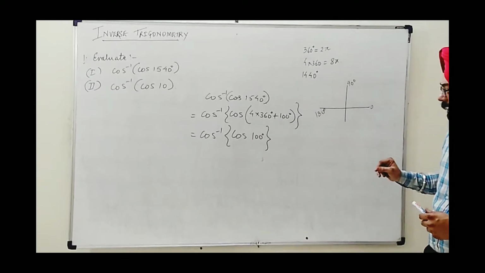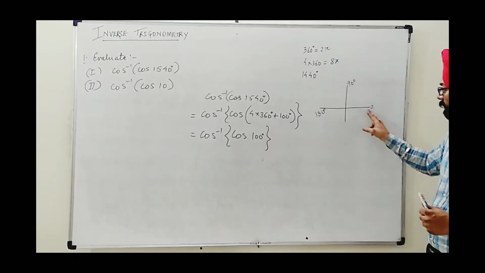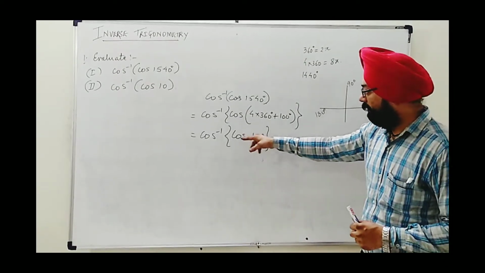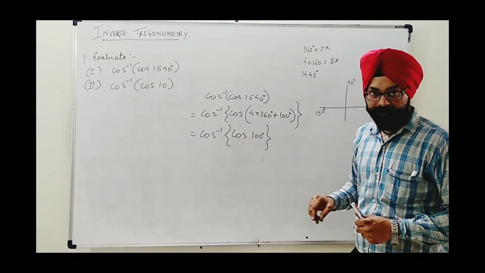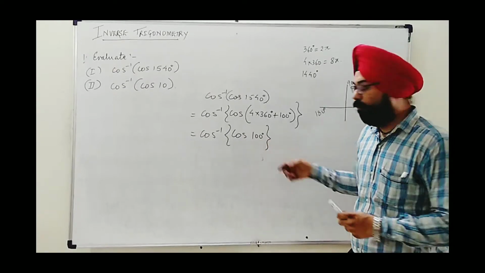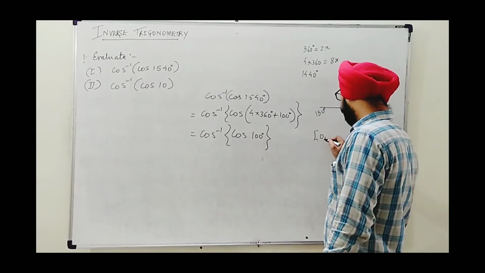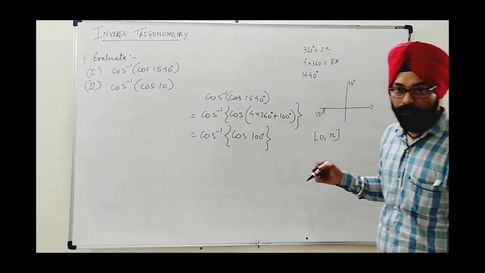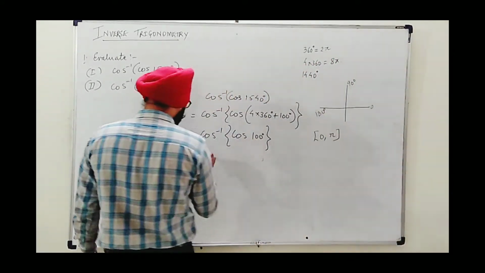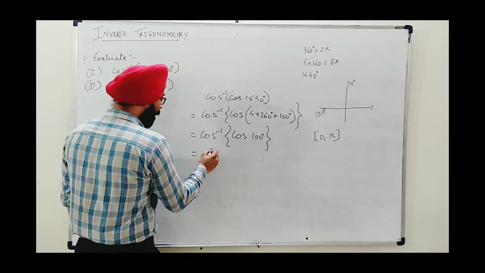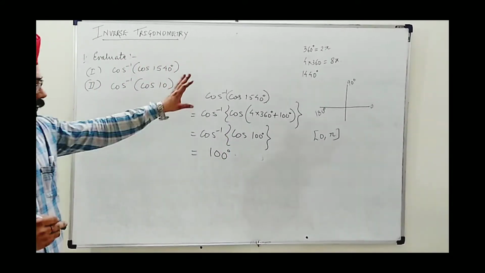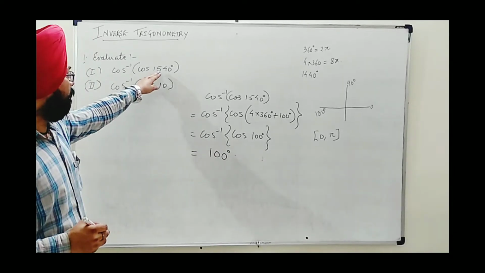But we see that 100 degree lies between 0 and 180, and for the cos group, cos inverse and cos can be cancelled out if the value belongs to the 0 to pi interval. 0 to pi means 0 to 180 degree. As this belongs to the principal domain, we can cancel them out, and by the law of cancellation the answer is 100 degree.